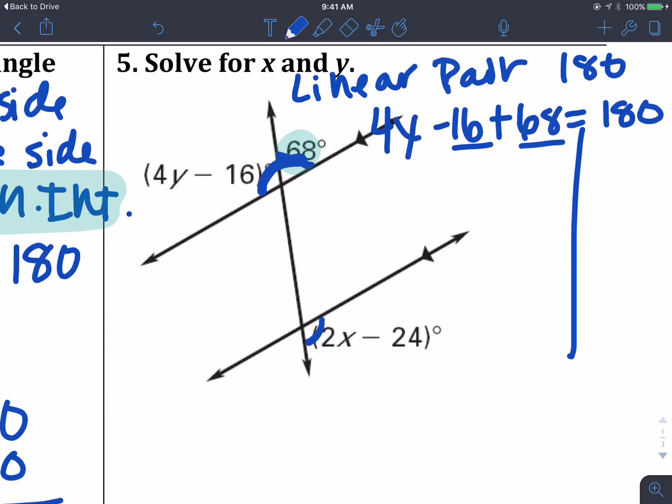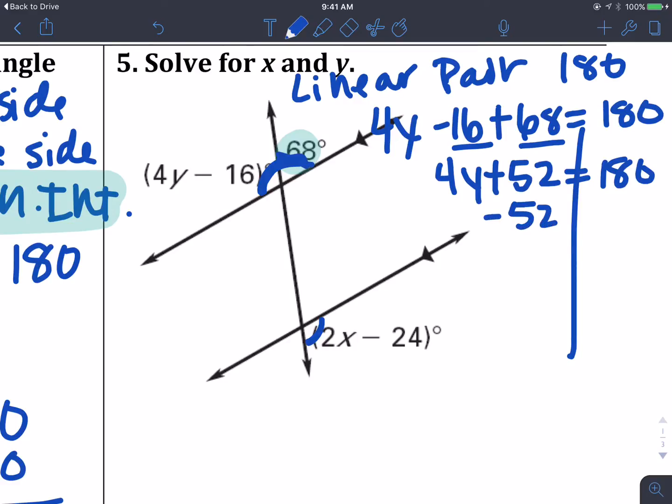So negative 16 and the positive 68, those combine to make 52. You could separately subtract the 68 from both sides and then add the 16 to both sides, but I prefer to combine like terms first.